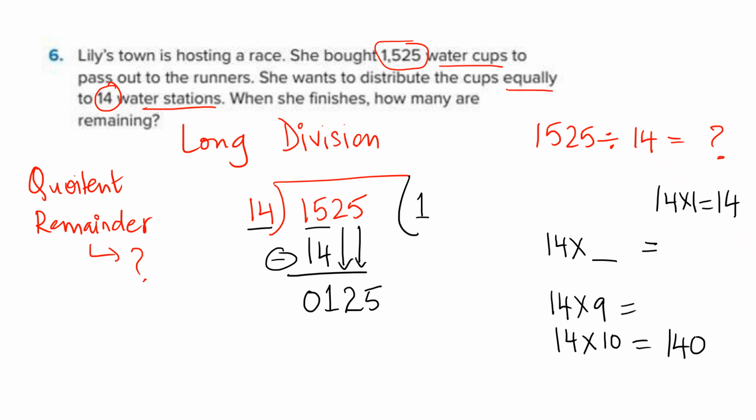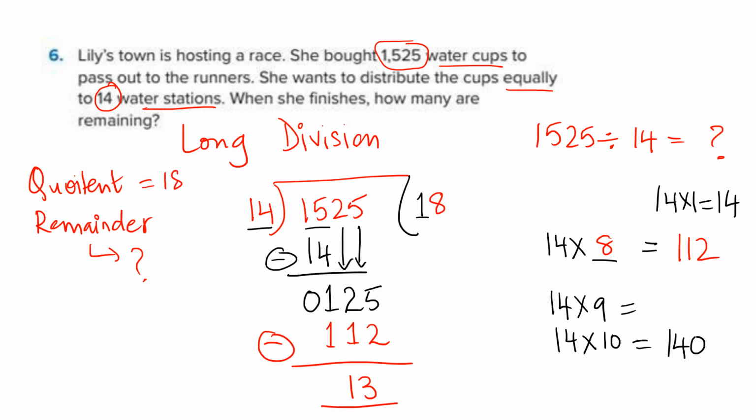And if I do 14 with 8, what do I get? 14 with 8 is 112. It works for me. Do the subtraction and I'm left with 13. So here the quotient is 18 and the remainder is 13. So when she finishes, how many cups are remaining? 13 cups are remaining. So it's a question where the remainder is asked.